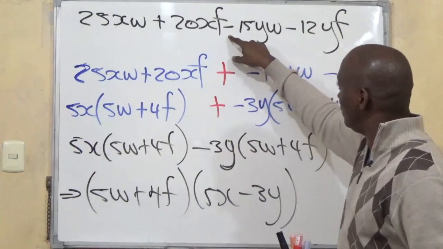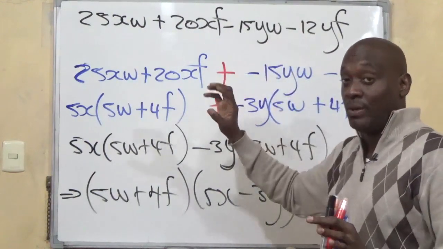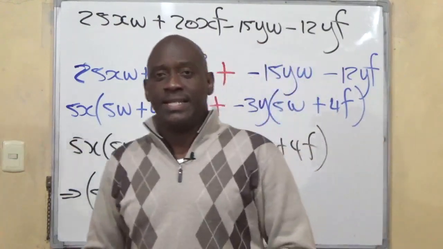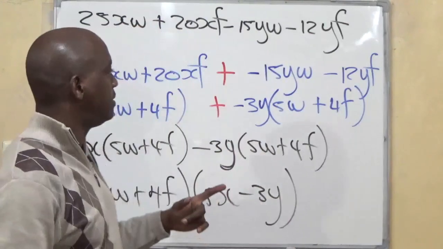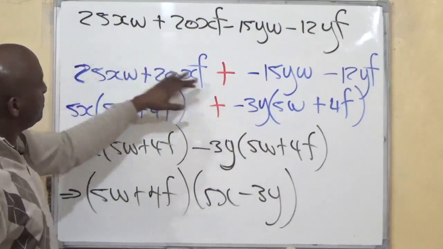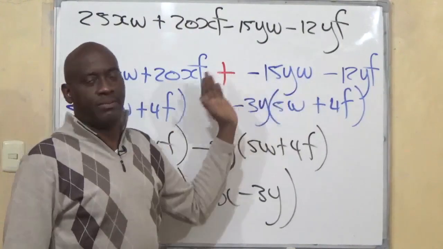And I want all to see that once you make that decision to consider minus 15yw, as you must, the next step is to understand that this entire expression is actually all of this plus minus 15yw going down the road.